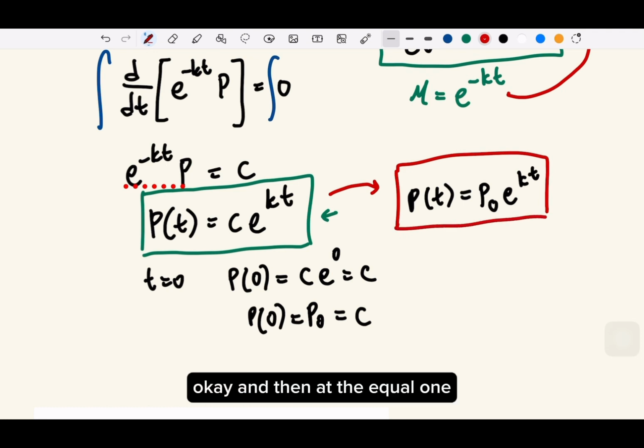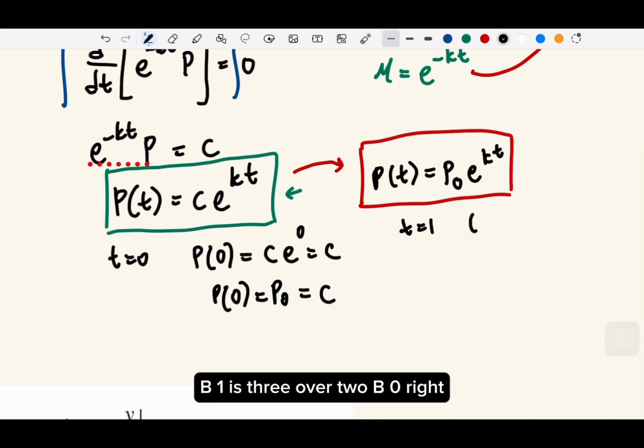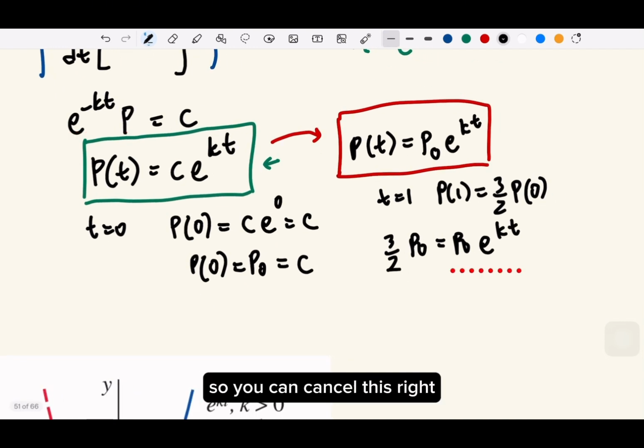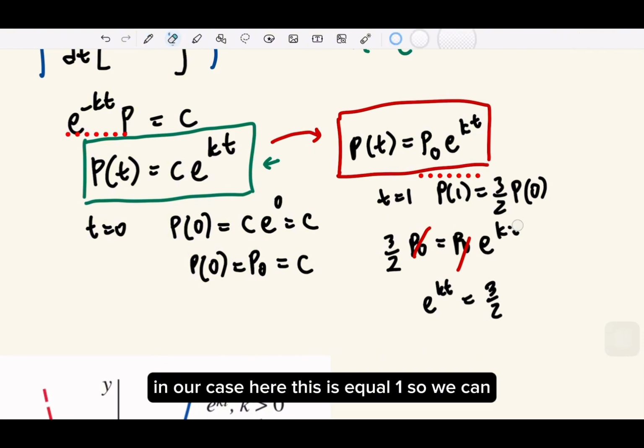And then at t equals 1, p1 is 3 over 2 p0, right? So we can write 3 over 2 p0 equals p0 e to the k. So we can cancel this, right? And then we have e to the k equals 3 over 2, taking t equal 1 here.